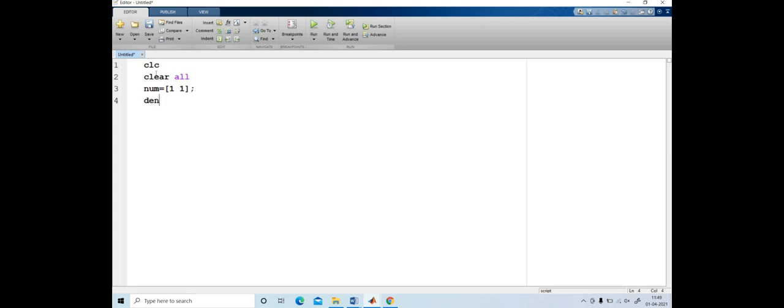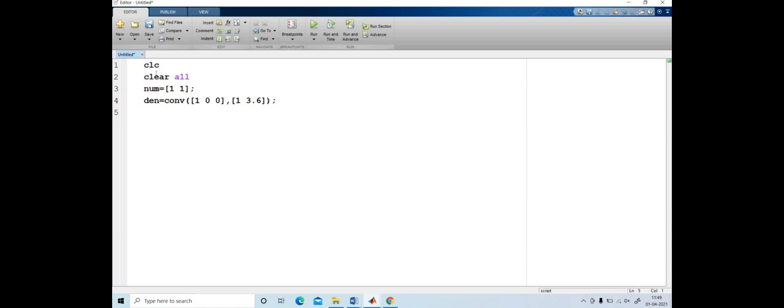Next den equal to conv, open bracket, square bracket, 1, 0, 0 for s square, close bracket, comma, 1, 3.6, close the bracket, again close the bracket, then put semicolon.